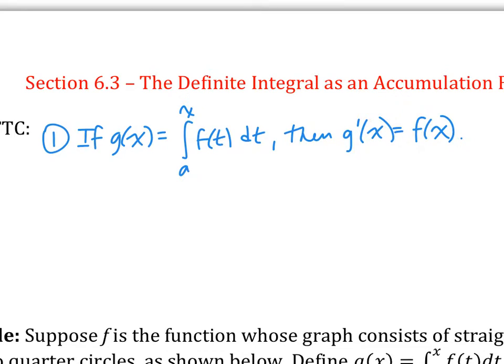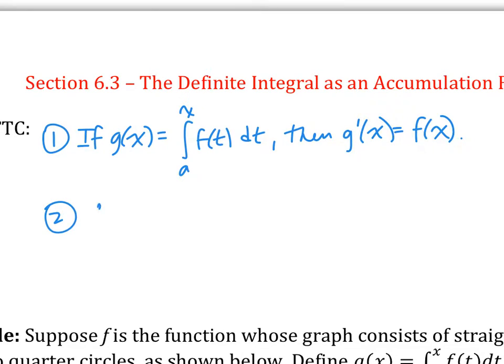If g is the integral of f of t from a to x, meaning g is a function of the area underneath f, then when you take the derivative of g, it is just f of x. That's the first part.